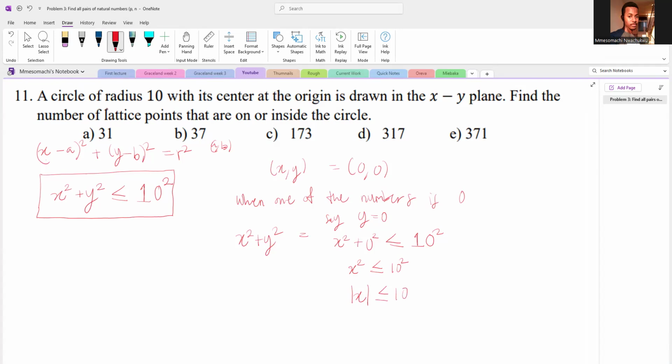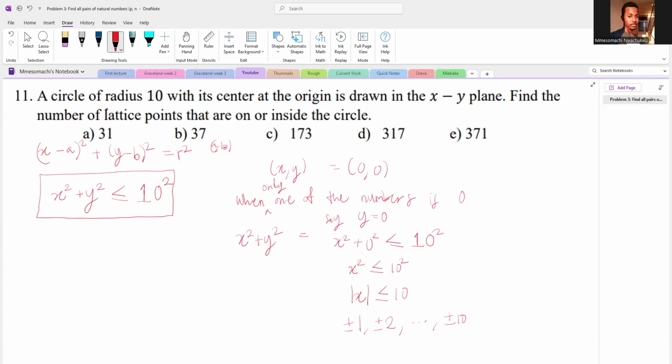Recall that we are considering the case where only one of the numbers is 0. If y is 0, we fix y to be 0, then the integer solutions to the absolute value of x at most 10 are plus or minus 1, plus or minus 2, up to plus or minus 10. So these are 20 solutions.